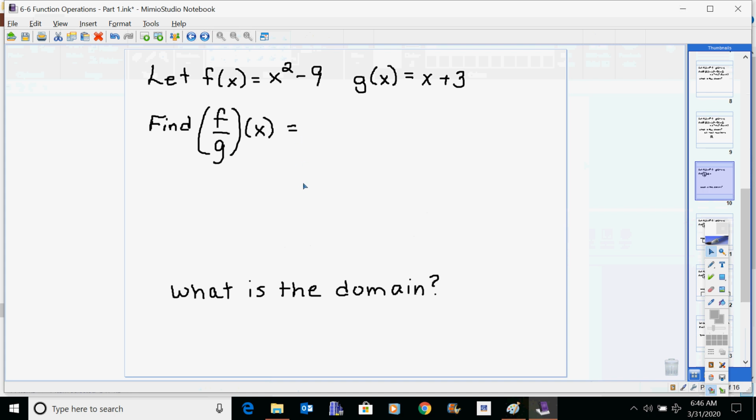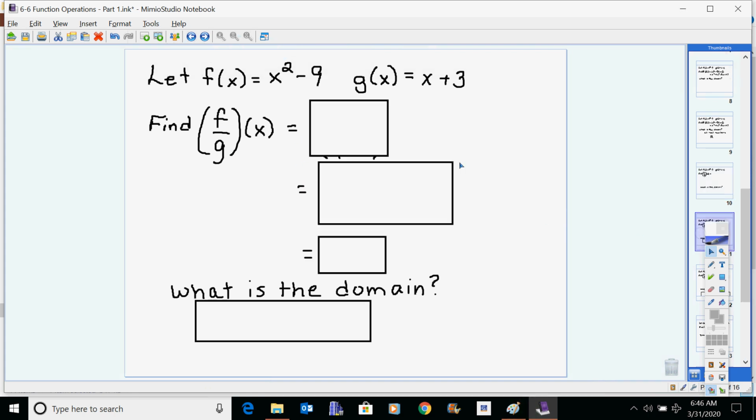F divided by g of x. So with this, once again, you've got a group in the numerator, a group in the denominator. This is where you have to remember how to factor. So when you factor this, this is a difference of two squares. Hopefully you remember.